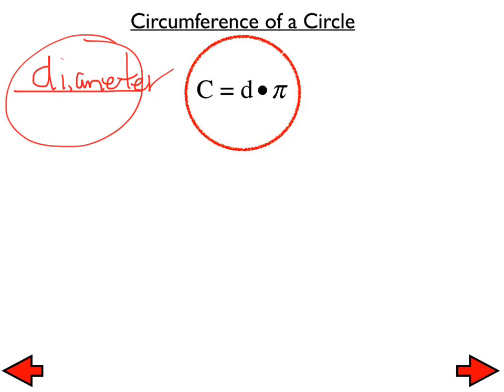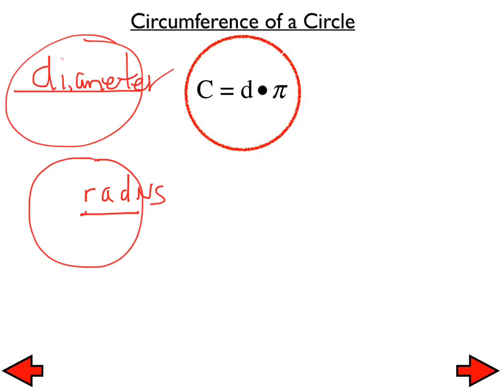Whereas, and I'd like you to draw another circle, from the center out to the edge, that's called the radius. So if you have a radius and you want to find the diameter, you just have to double it because the radius is only halfway across, whereas the diameter is all the way across.